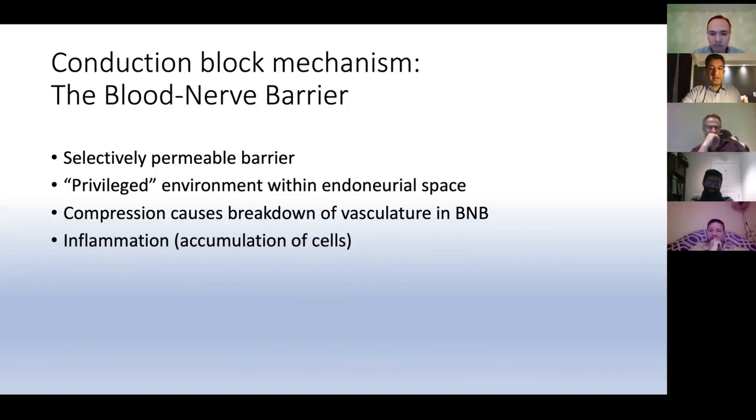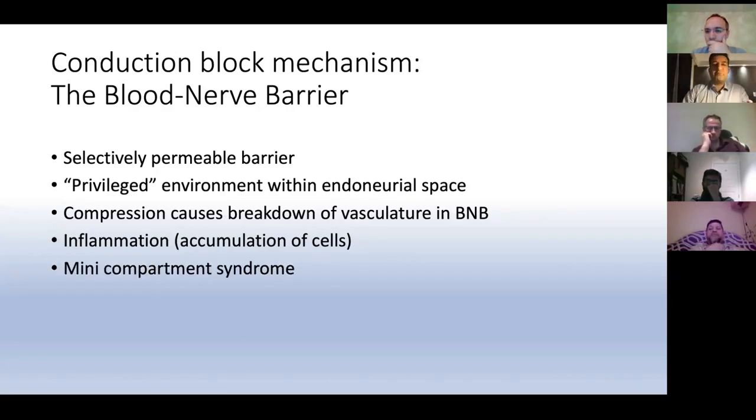And as a result, this initiates an inflammatory response and increases the permeability even further. So it's like a positive feedback cycle, okay? So compression upsets this barrier, lets in the inflammatory cells, the macrophages, the lymphocytes. These cause inflammation, they increase the permeability even more, positive feedback cycle, it all goes downhill, okay? So that's the way to remember it, okay?